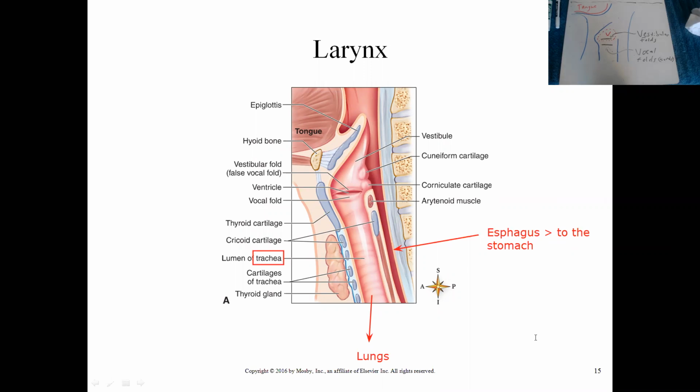Now, the reason I point this out is that for the trachea, one structure I want to look at is this first structure, which is the epiglottis. The epiglottis is a doorway, a hatch that can close and open. When the epiglottis is open, air can go into the larynx.